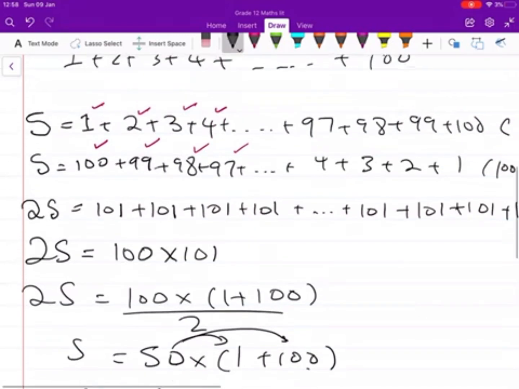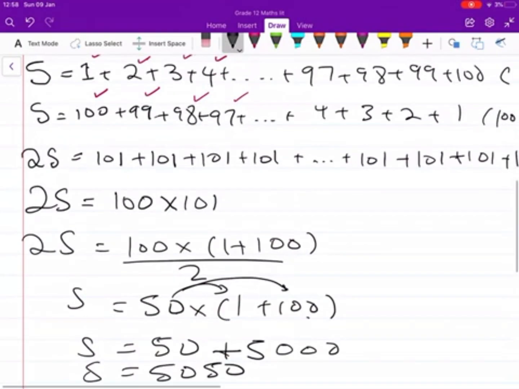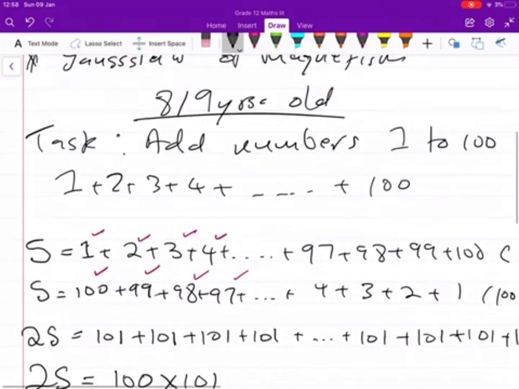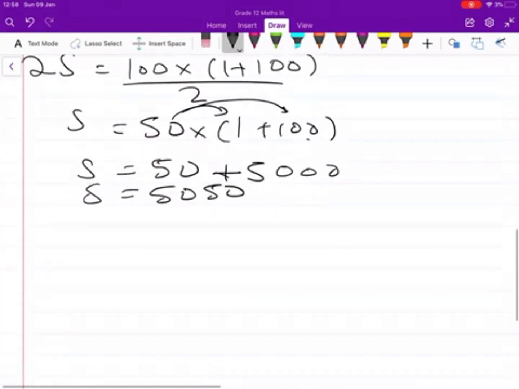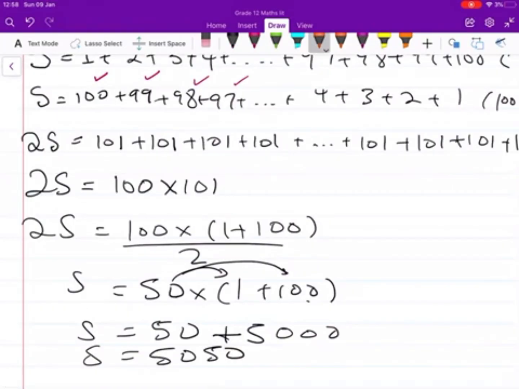All right, so that is the method that is going to be relevant when we get to the arithmetic series. All right, in essence, if you check this here, this is actually our first term, and this is actually our last term. All right, let me just remove this.